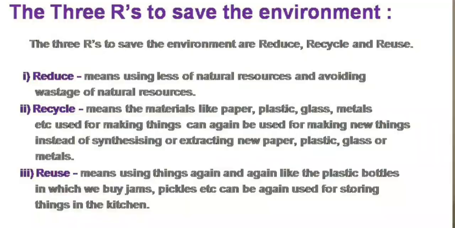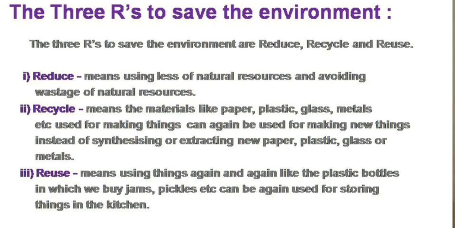Fine. Now, in order to save our environment, we have to understand that there are 3 R's that we should be worried about. Now these 3 R's are reduce, recycle, and reuse.